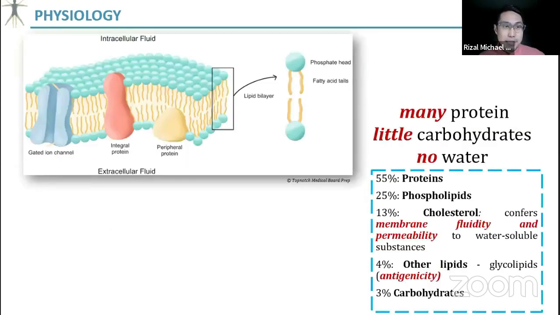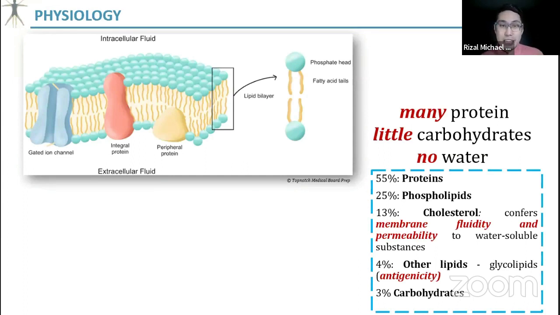Before we proceed with transport, which is a very high yield topic for physiology, let's recall your cell membrane. Recall that your cell membrane has many proteins, little carbohydrates, and no water. So it has no water, but why is it fluid? Take note that membrane fluidity is mainly because of cholesterol.